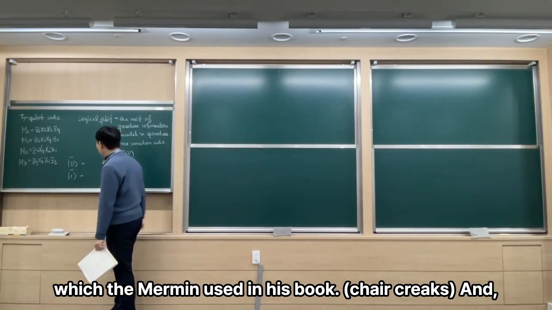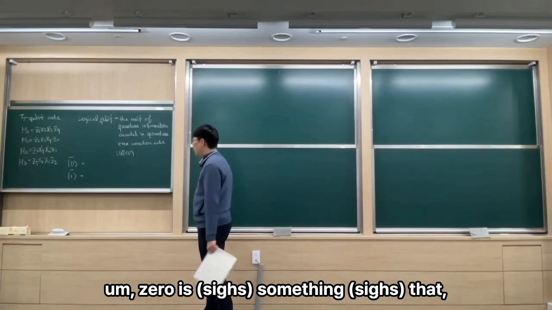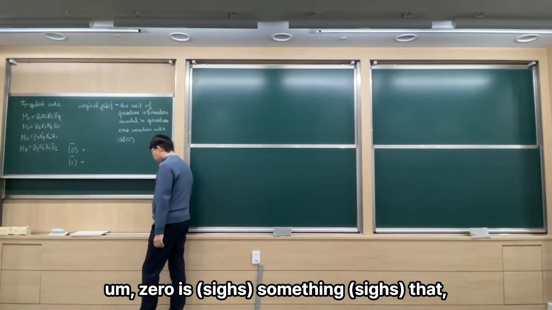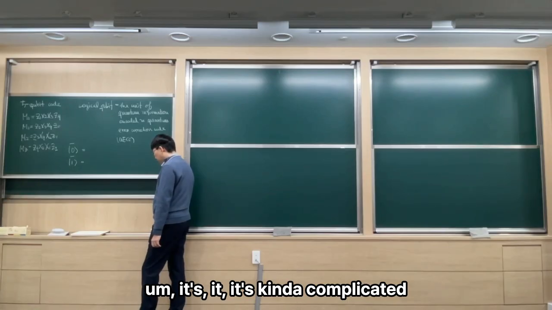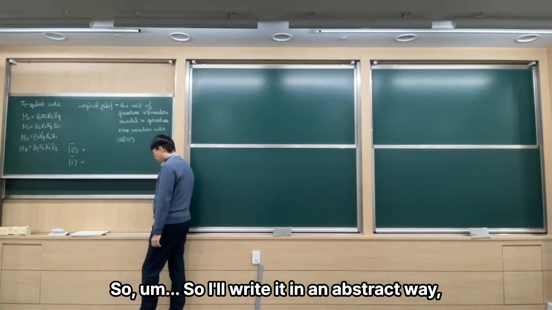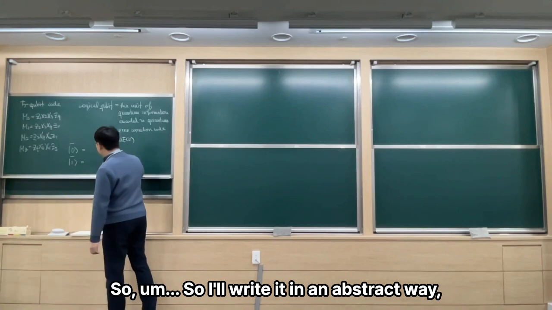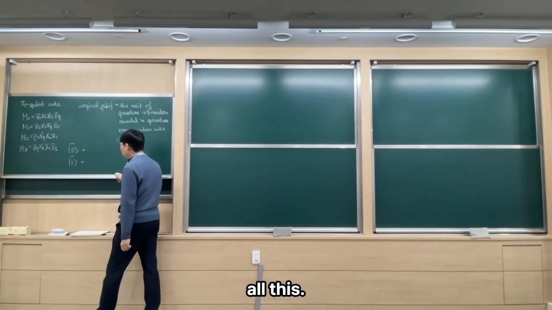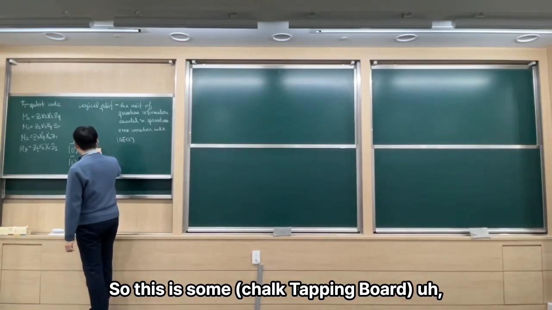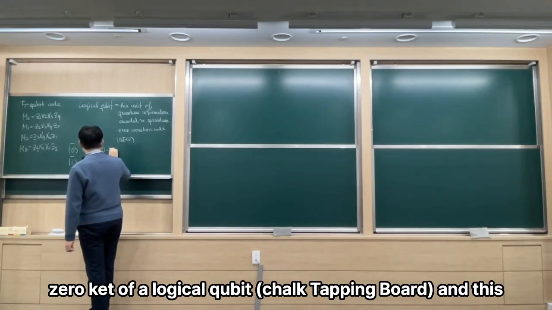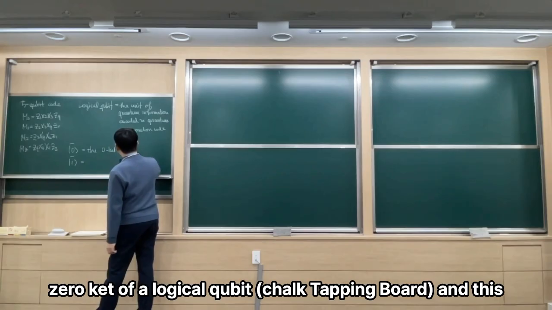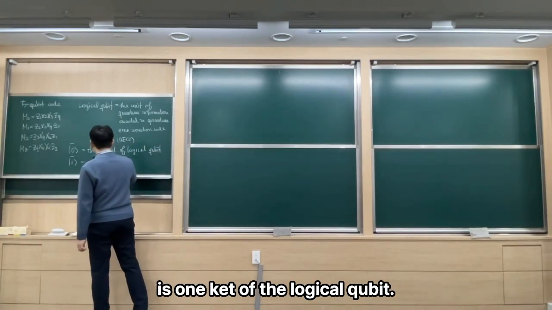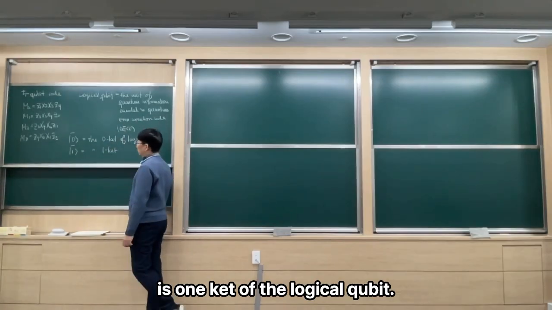The state is kind of complicated to write, so I'll write it in an abstract way, and then define what it really is after explaining all this. This is the 0 ket of the logical qubit, and this is the 1 ket of the logical qubit.